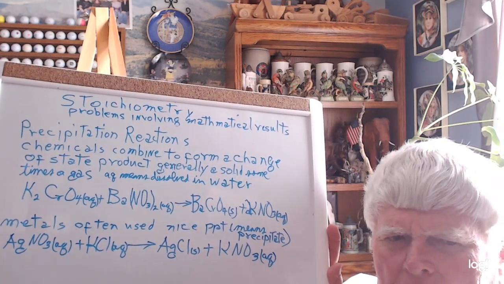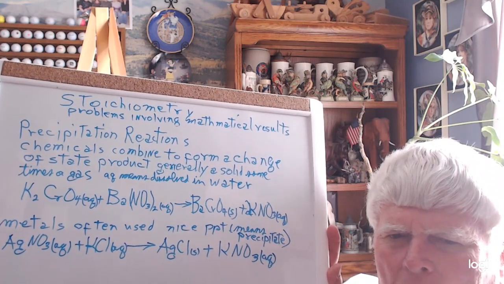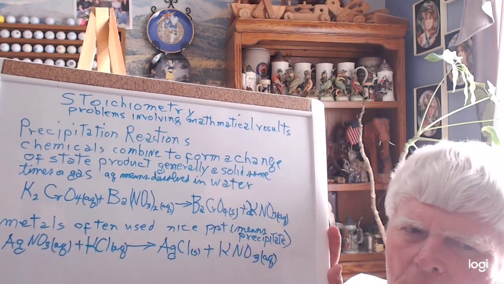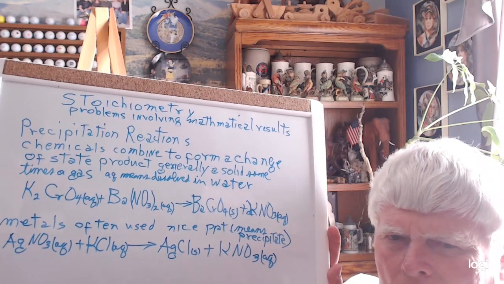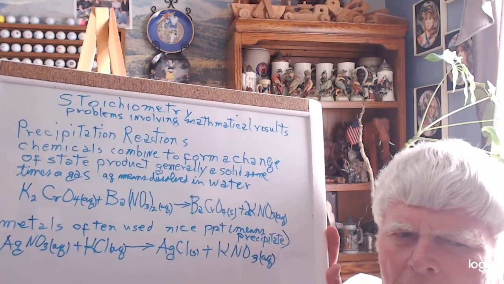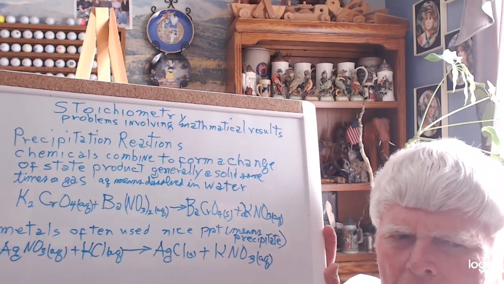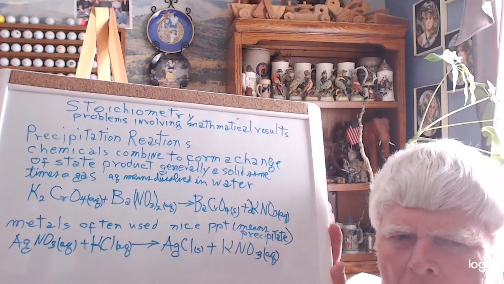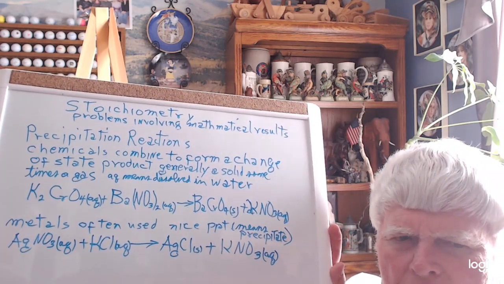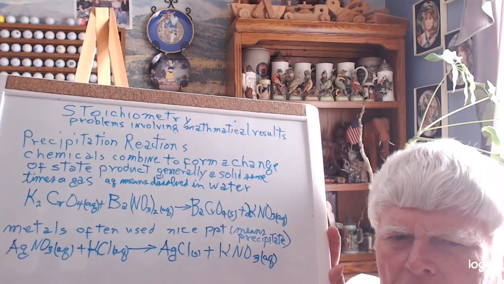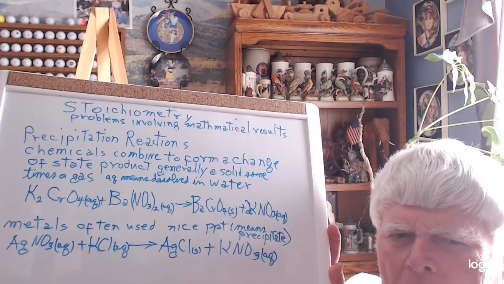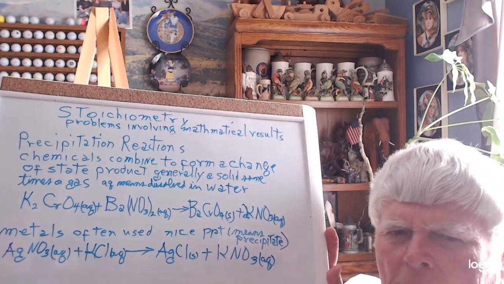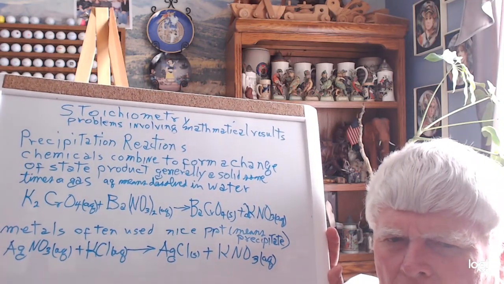So you got silver nitrate plus potassium chloride. Again, potassium wants to stay in solution, and chlorine likes to stay in solution unless mixed with a solid metal. So when you mix those together, you form a solid silver chloride, and the potassium stays in solution, and the nitrate stays in solution.